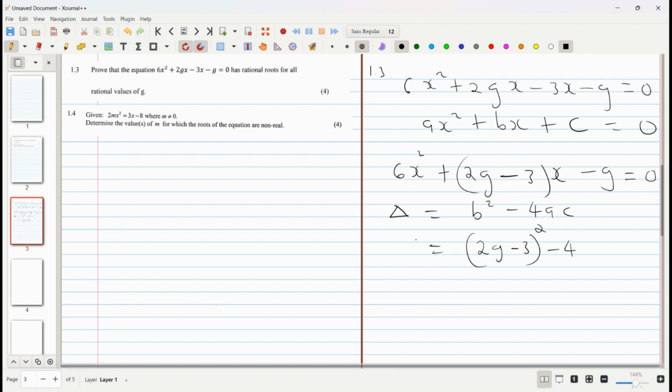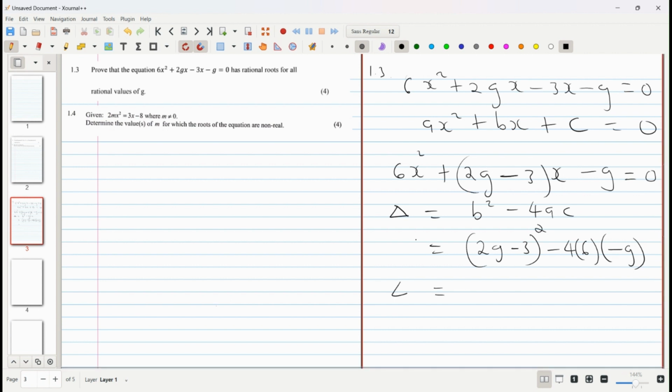So we need to square this because it's our b squared. Minus 4, what is our a? Our a is 6. And then what is our c? Our c is our constant, which is negative g. Okay, so we can see that the discriminant here will equal 2g minus 3 squared.